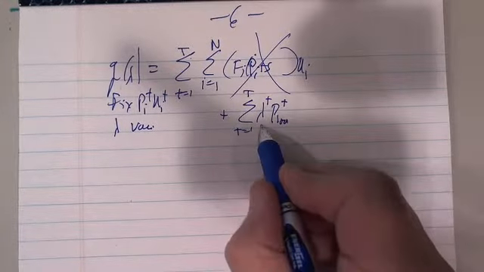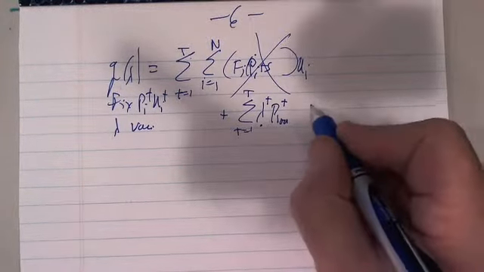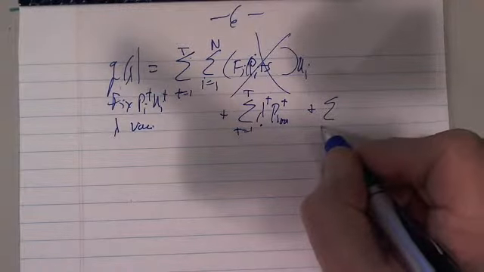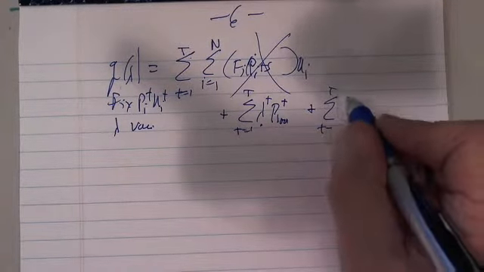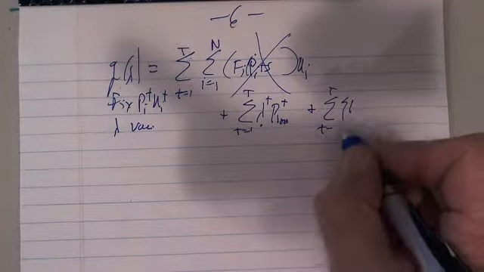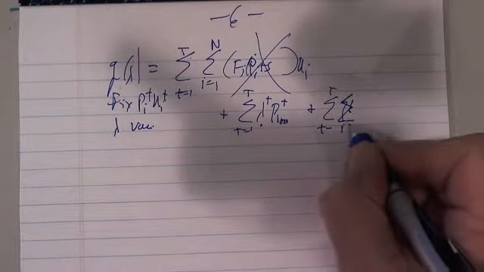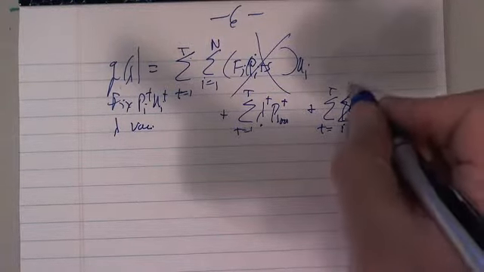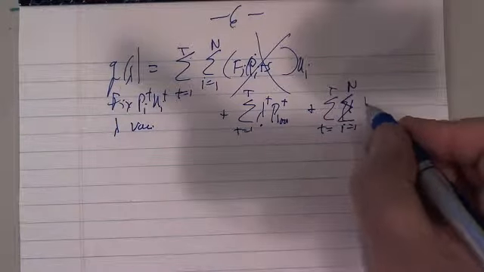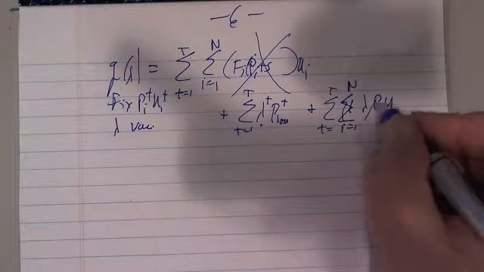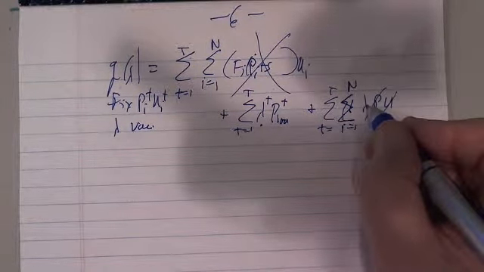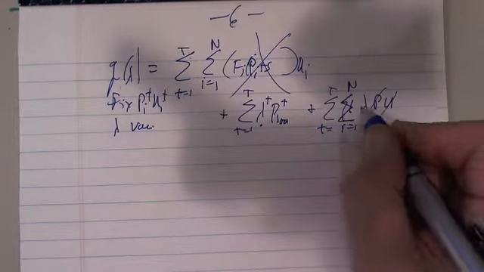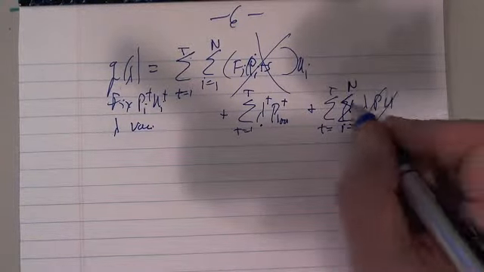So now I have that part, and then I have plus the sum over t, and, pardon me, this is the i equals 1 to n, and I have lambda P U. And of course, these are fixed numbers, so I do have a number in there, but they're fixed quantities.